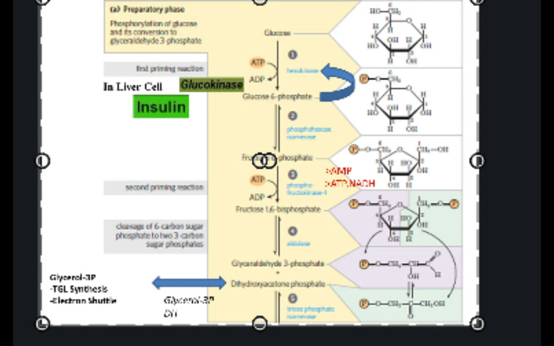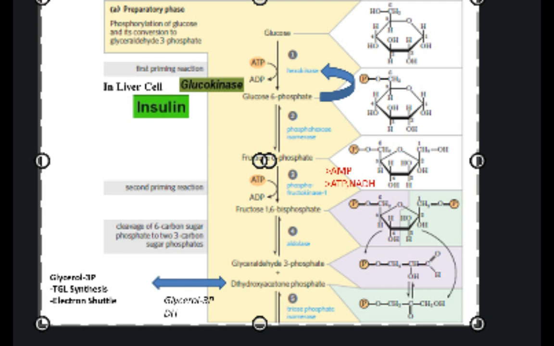This step is a regulatory step, because phosphofructokinase 1 is allosterically inhibited by high levels of ATP, NADH or citrate.